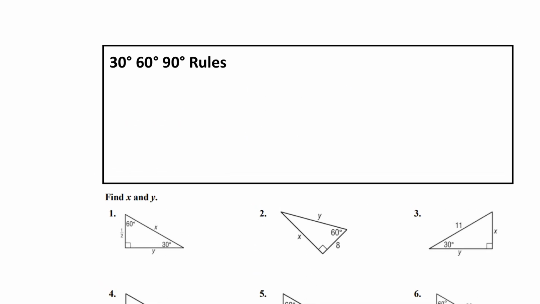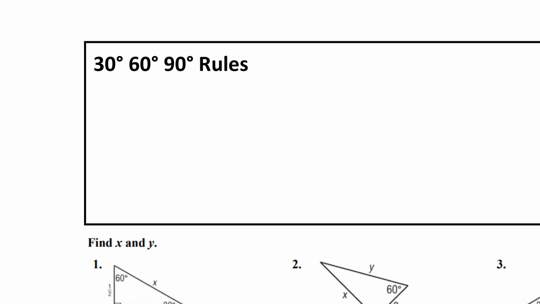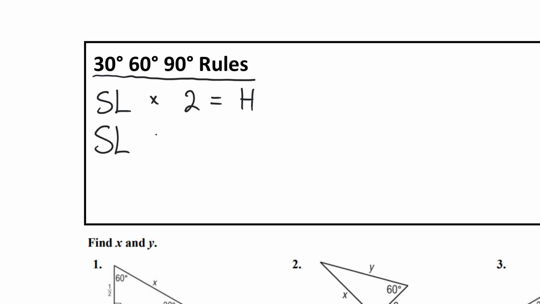Okay, let's flip it over and talk about 30, 60, 90s for a second. Now, on this, I'm going to be abbreviating a lot here. So on a 30, 60, 90, the short leg times 2 tells you how long the hypotenuse is. The short leg times the square root of 3 tells you how long the long leg is.